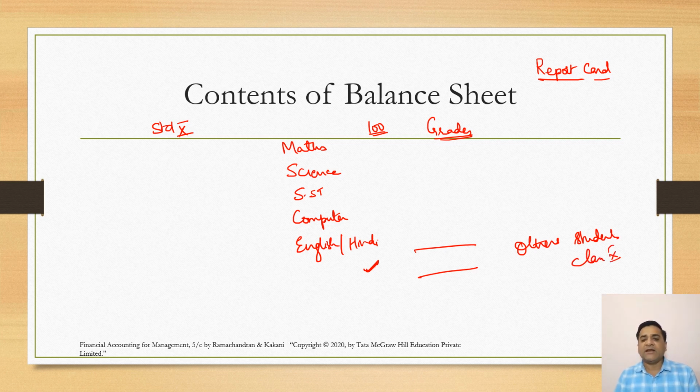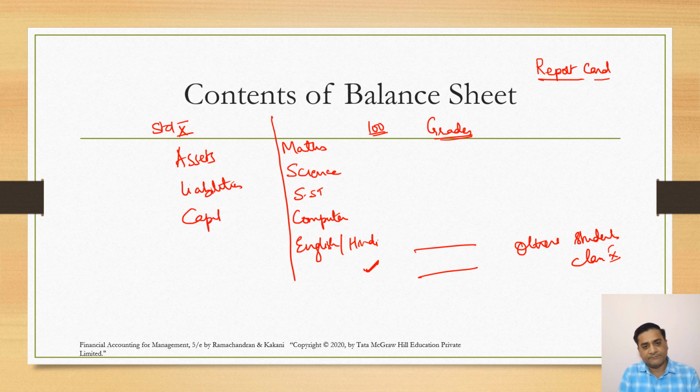Similarly, in case of the balance sheet, which is the financial report card of an organization, we have five things. You need to understand these basic five things: assets, liabilities, capital, income, and expense.